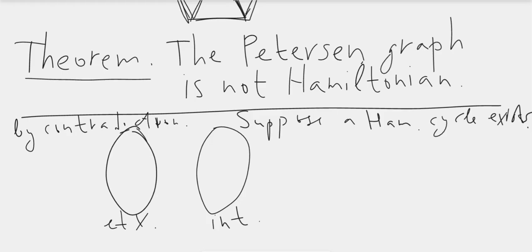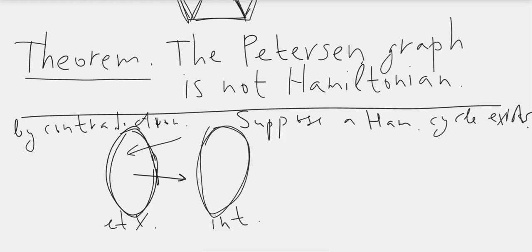So we consider how this Hamiltonian cycle goes through external and internal vertices. Because it's a cycle, it must enter and exit. So if it enters the external vertices, it must exit, not necessarily from the same vertex, but it must exit somewhere from the external vertices.